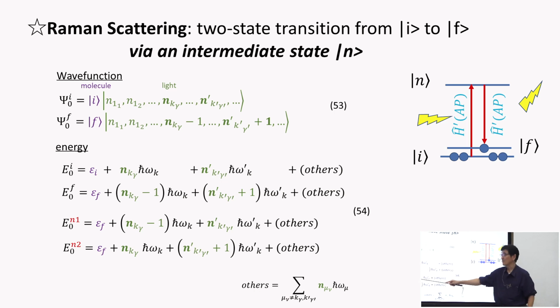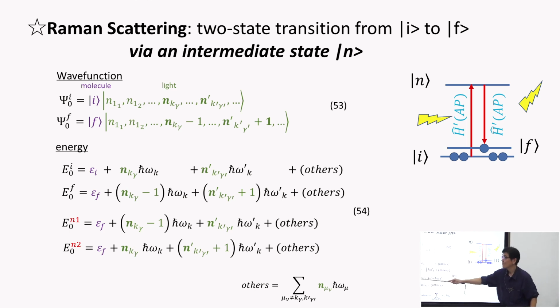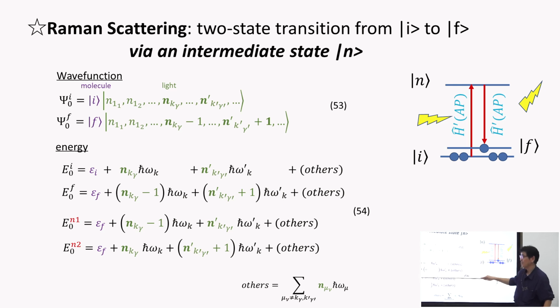In the first intermediate, the photon quantum number decreases 1, so from initial to N1 state, the quantum number decreases 1, and during the transition from N1 to f, the quantum number of the other light increases 1.